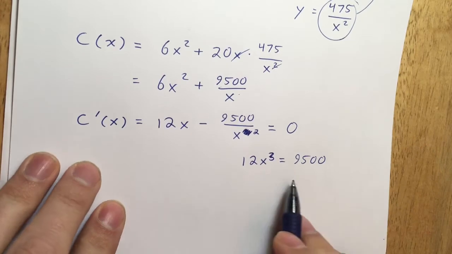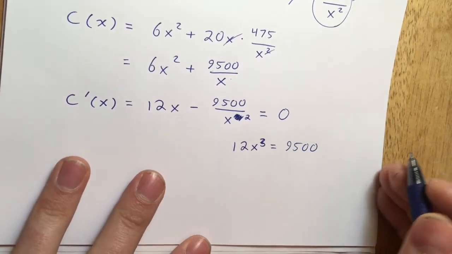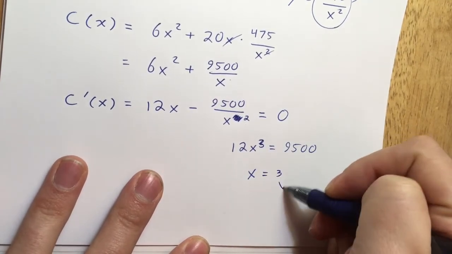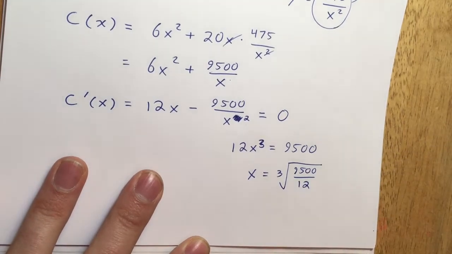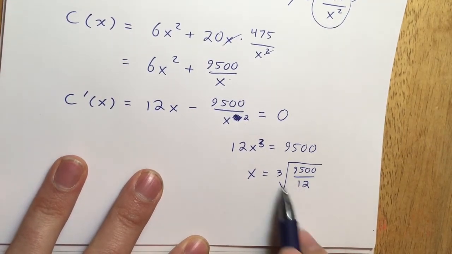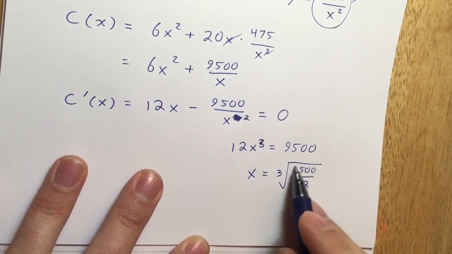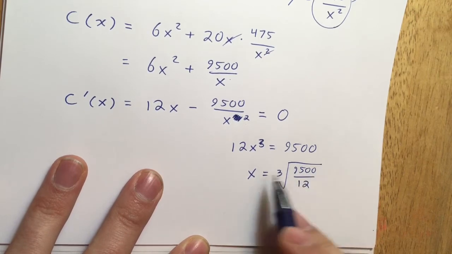And so we solve this for x. Divide both sides by 12. So x is going to equal the cubed root of 9,500 over 12. You can simplify this down a little bit. You'll see that this contains a factor of 5 cubed, so a 5 comes out.